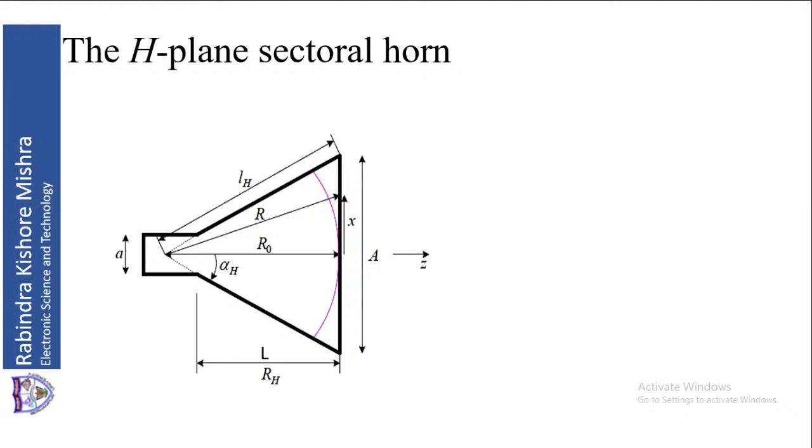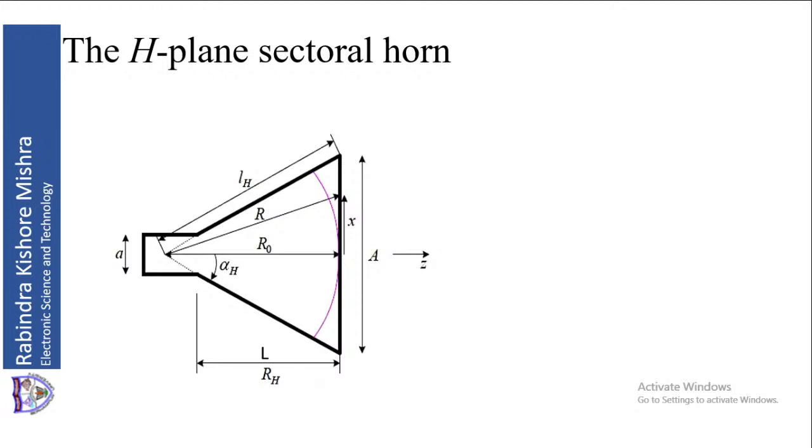This point is called the neck of the antenna, the point from where it expands, and the point where it has expanded is called the aperture or mouth of the antenna. So the length from neck to mouth is called the length of the antenna, L or RH. So we have these 4 things: RH or L, R0, R and LH.